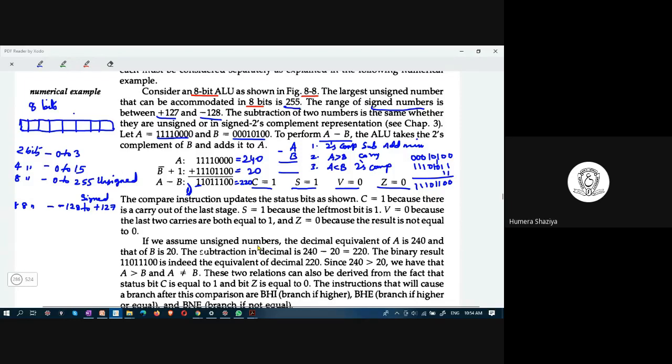Because this bit is 1, sign is 1. There is no overflow because you could accommodate the result within these 8 bits, so overflow is 0. If all bits were 0, Z would be 1. It is non-zero, so Z is 0. Did you understand this example with the use of condition bits? Yes, ma'am.